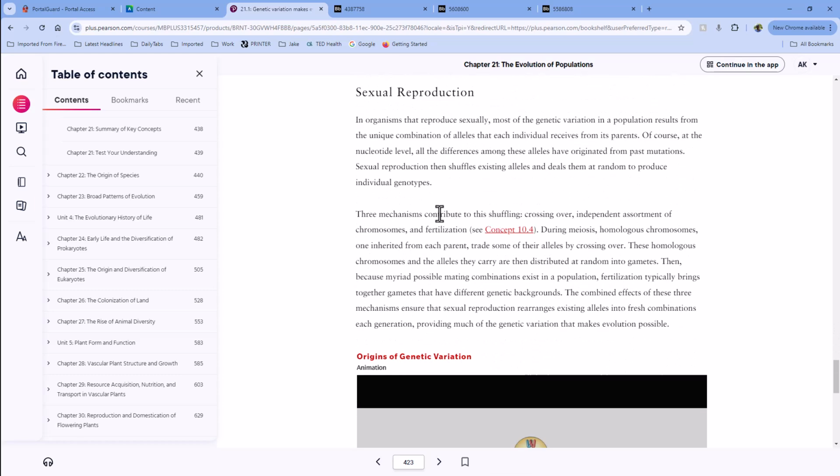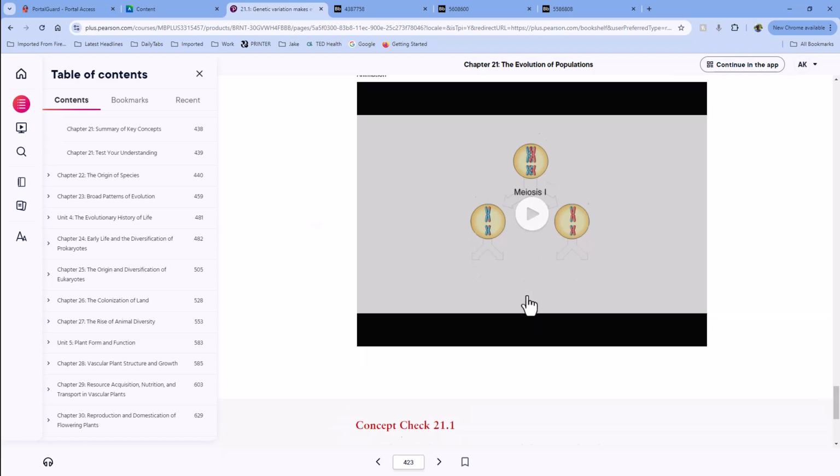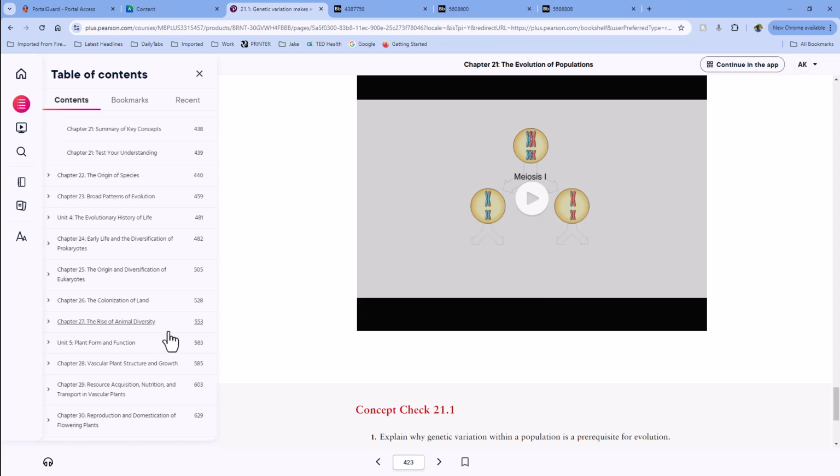Remember, with sexual reproduction, we have the crossing over in meiosis 1, we have random alignment in meiosis 1, and then we have random fertilization.